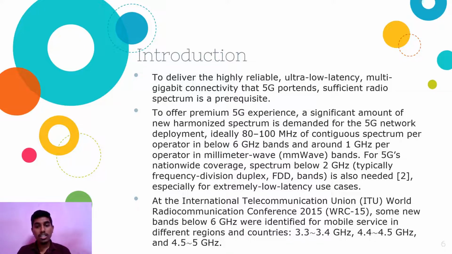At the International Telecommunication Union (ITU) World Radiocommunication Conference held in 2015, that is WRC-15, some new bands below 6 GHz were identified for mobile services in different regions and countries, with the ranges 3.3 to 3.4 GHz, 4.4 to 4.5 GHz, and finally 4.8 to 5 GHz.